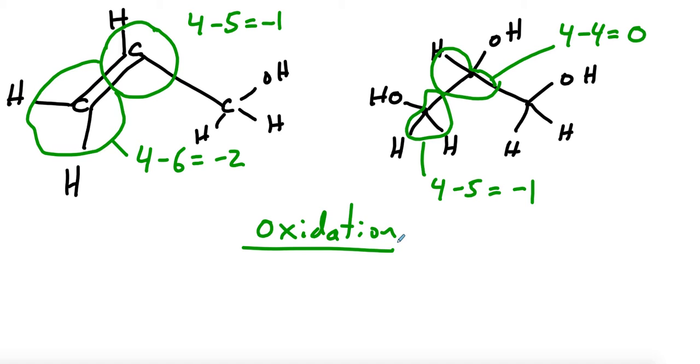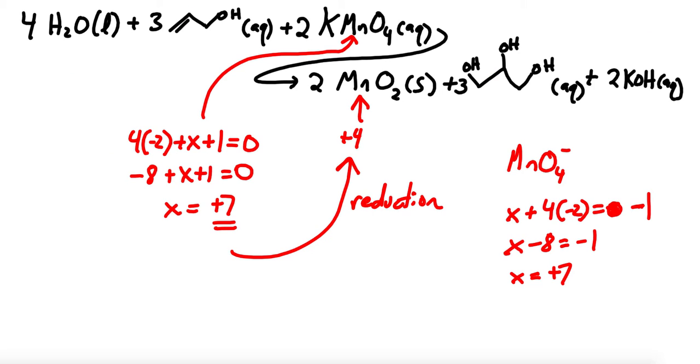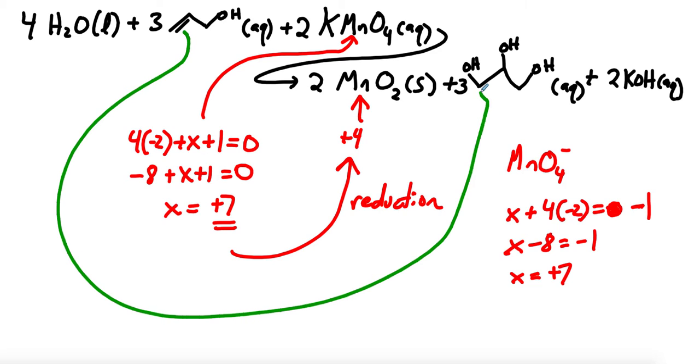And if we go back to our manganese, we saw that it was being reduced. So we'll go ahead and put that on the other slide. So we're being oxidized. Okay, great. So we figured out what's being oxidized and what's being reduced.